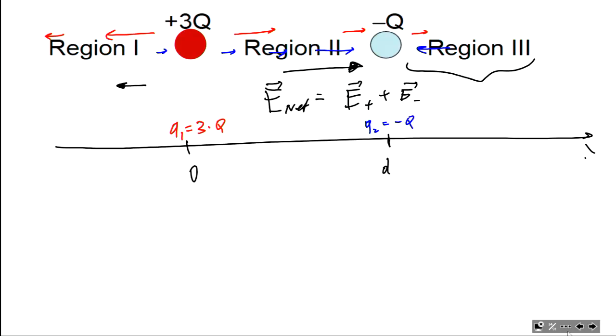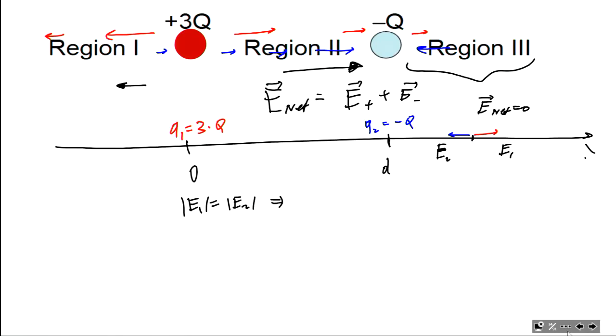So our assumption is somewhere here, the net electric field will be equal to 0, which means here the electric field from the positive charge will be canceling out the electric field from the negative charge, and we write them E1 and E2. And since they cancel out each other, the magnitude has to be the same.